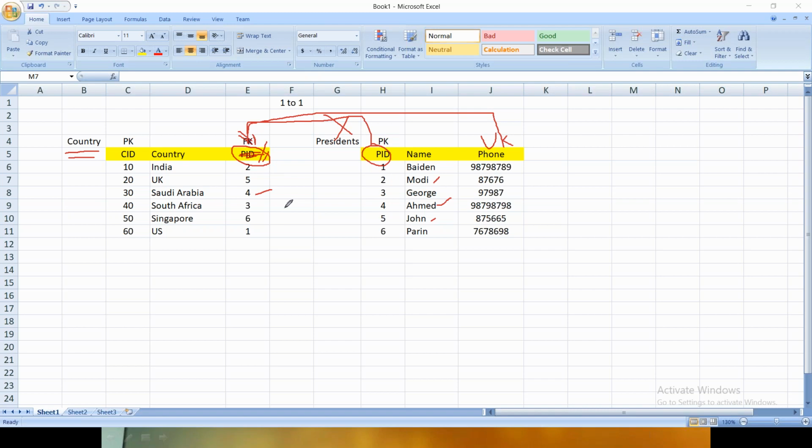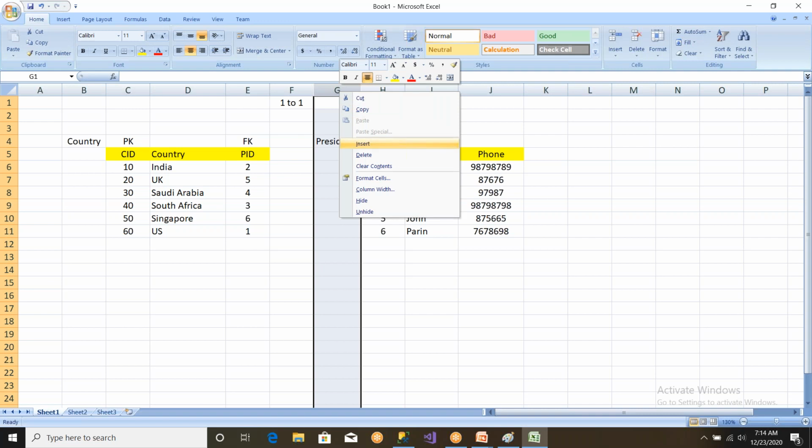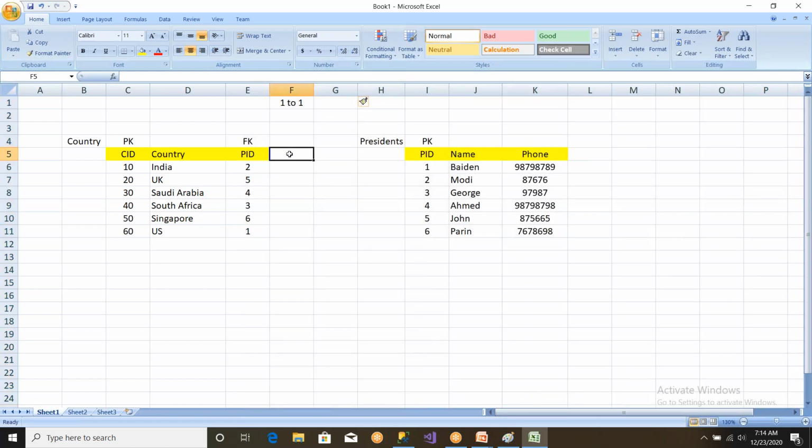Clear? So that also can be done. So many people will ask, can I use a primary key as a foreign key here? Instead of that, can I use the phone number here? Why not? You should be able to use the phone number here. There is no problem at all. You can have a phone number. So it can become a foreign key here.